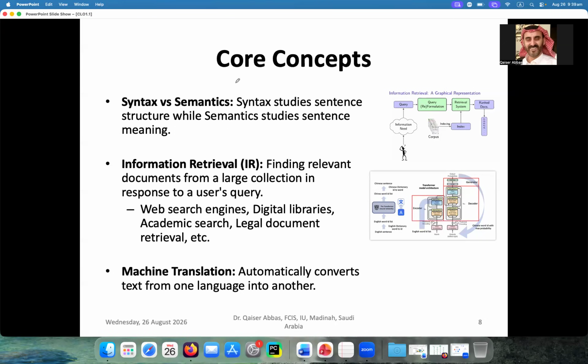Anyhow, syntax is something about sentence structure. When you are doing something to understand the syntax of the structure, that is something you are dealing with the syntax.